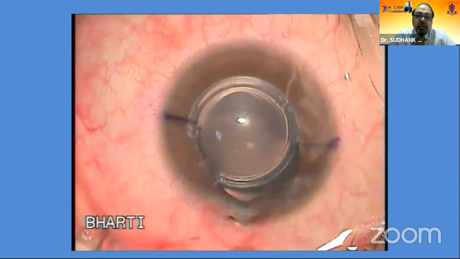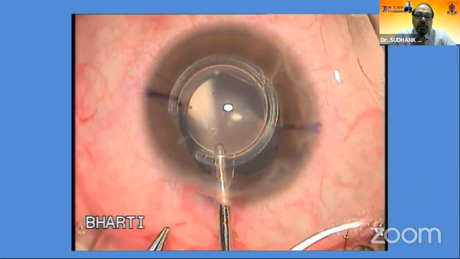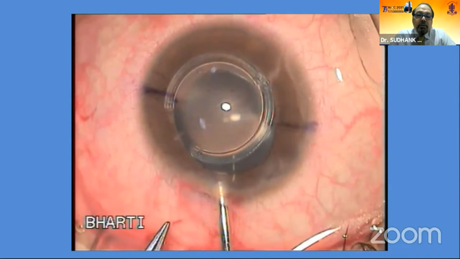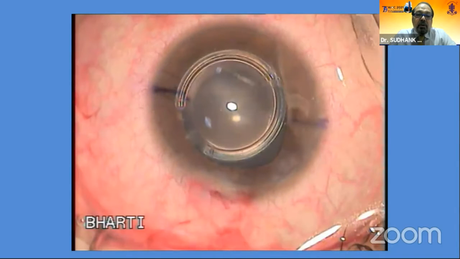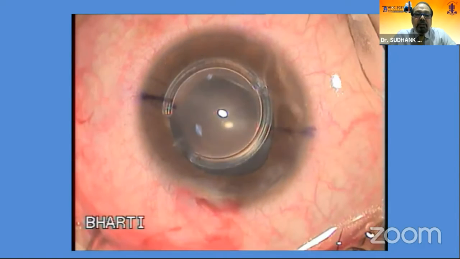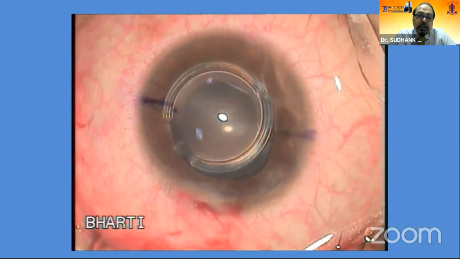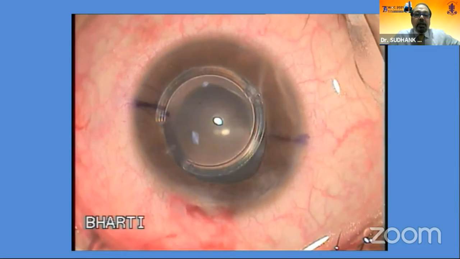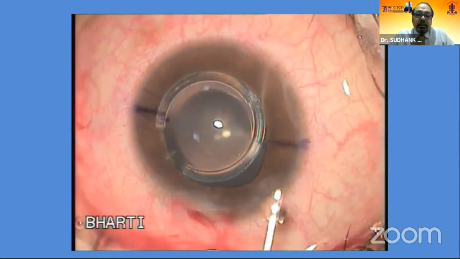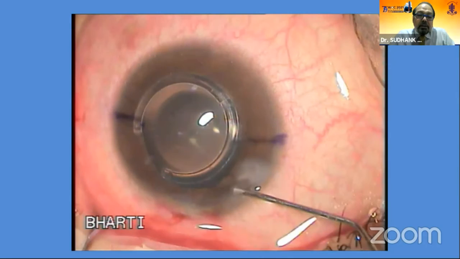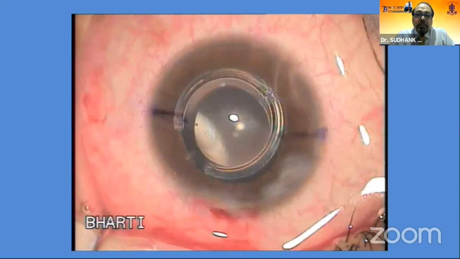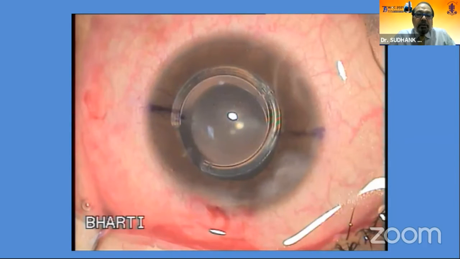Also, it gives a much better quality of vision as compared to whatever you can get with glasses or anything else. Of course, in the majority of these cases it is possible to put a contact lens, but after doing Intacs, sometimes contact lens fitting is also pretty difficult, and sometimes the contact lens does not sit properly on the cornea. So it is better to implant an ICL in these cases.